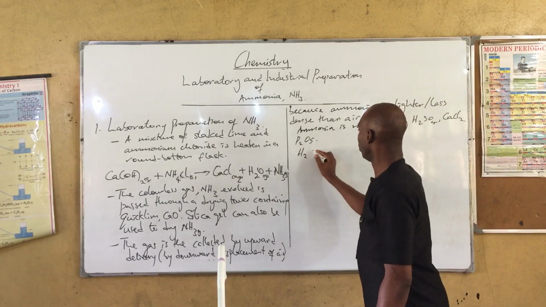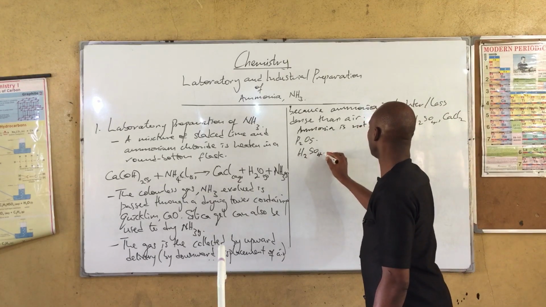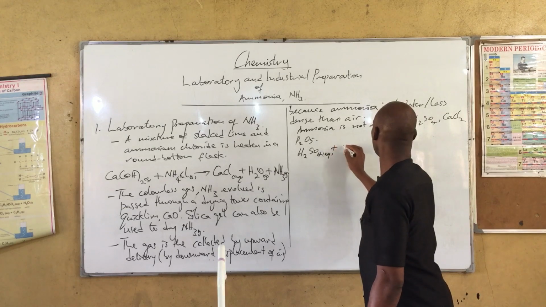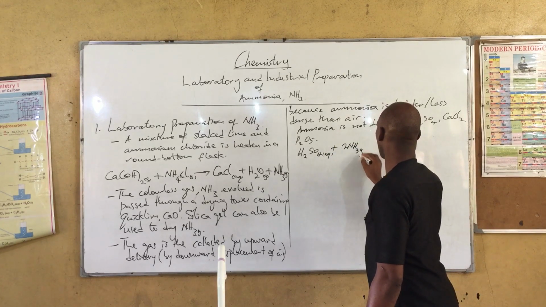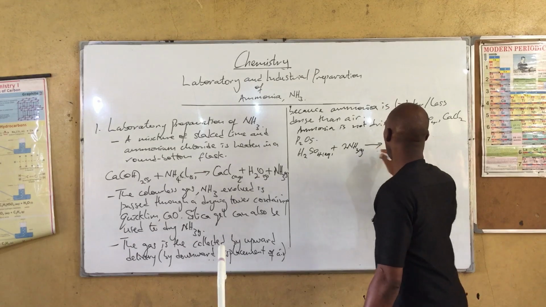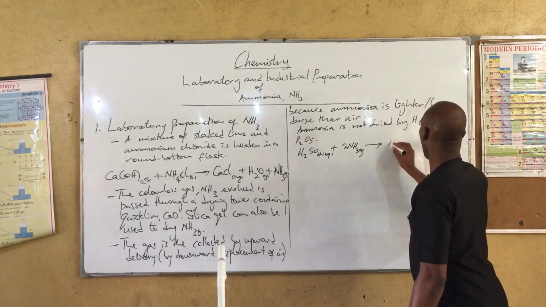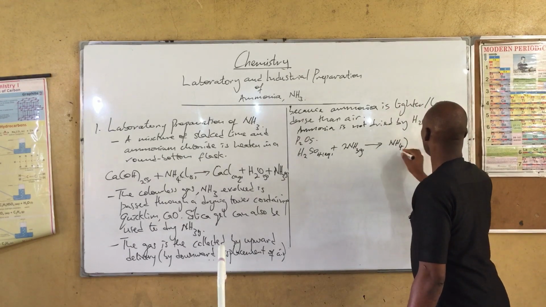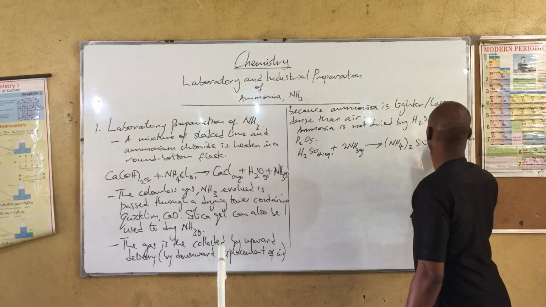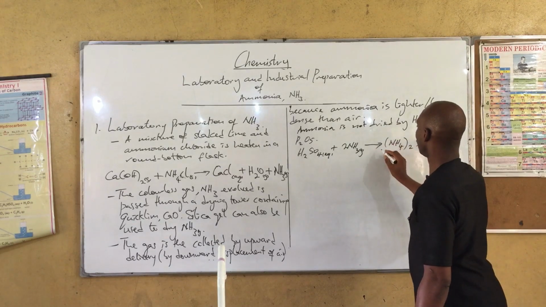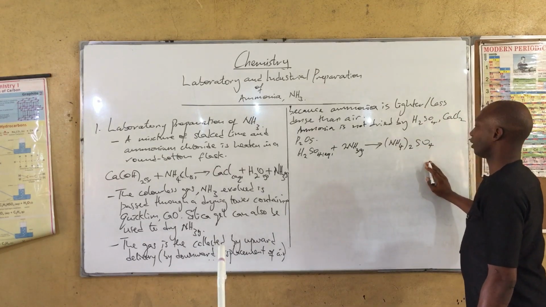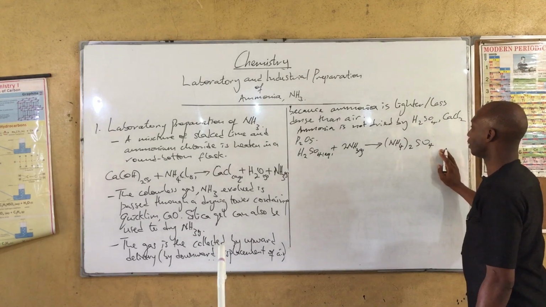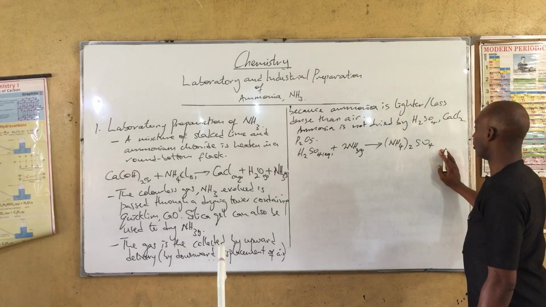If you use tetraoxosulfate six acid to dry ammonia gas, you will end up having ammonium tetraoxosulfate six. Automatically, that becomes a waste.